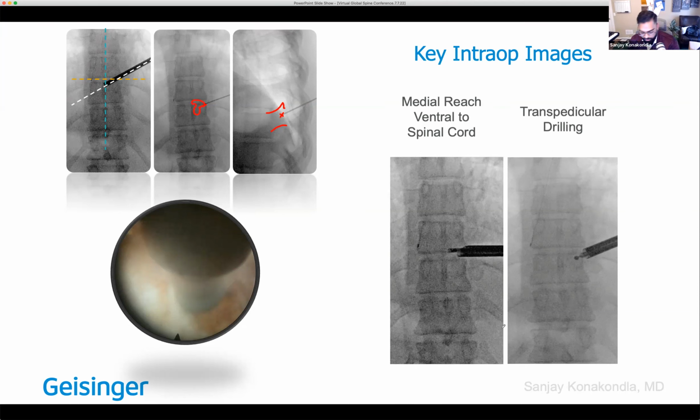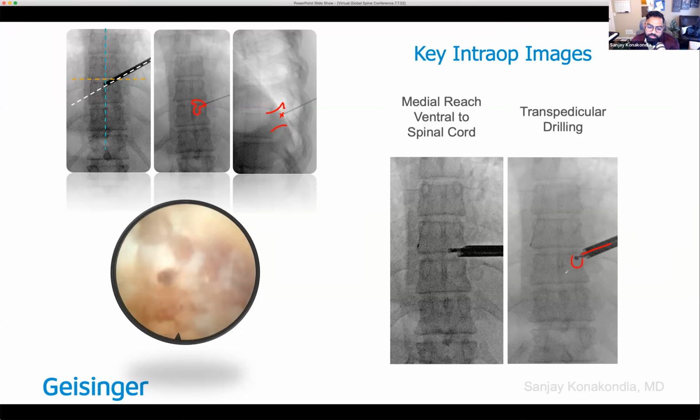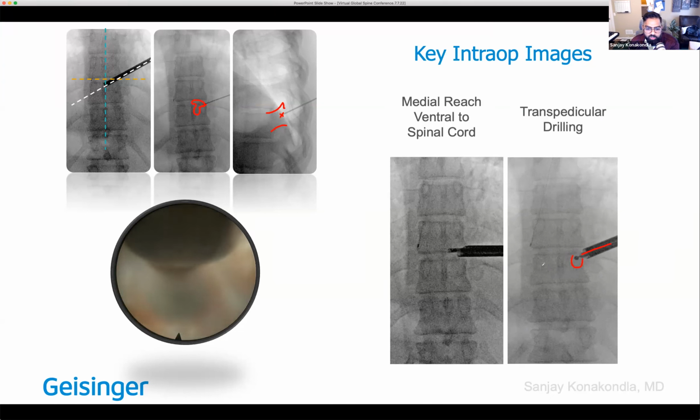And this is a nice picture to look at, because you can see this drill sort of at the medial border of this ipsilateral pedicle. And then once we're drilling through this thoracic pedicle, which is about 80 to 70% of cancellous bone, as we know, this drill sort of eats through that. You can see the cancellous bone in this video as we're drilling through.